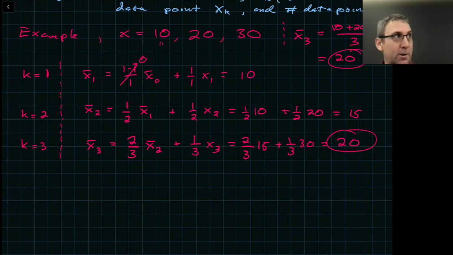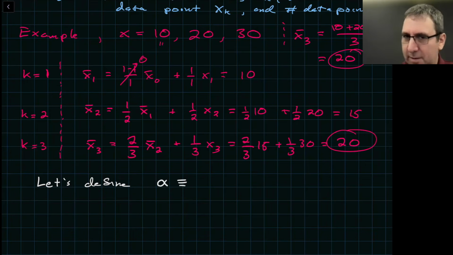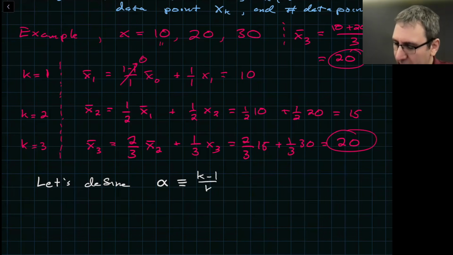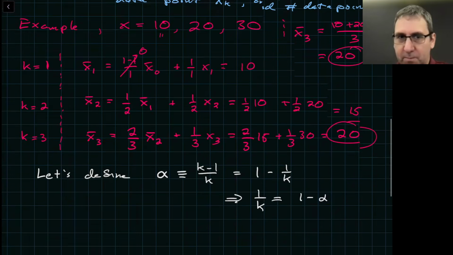All right. We're going to write that K minus 1 over K factor in a different way. Let's define alpha. This alpha is K minus 1 over K, which is also 1 minus 1 over K. Therefore, 1 over K is 1 minus alpha.